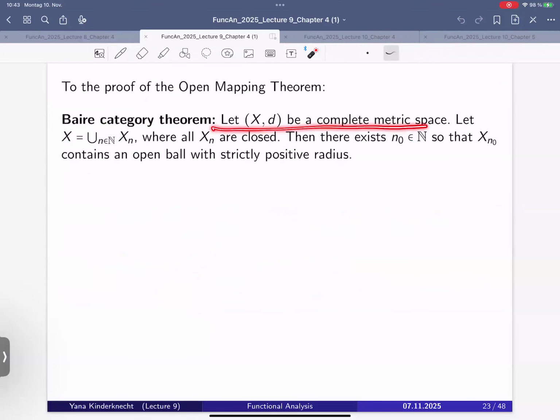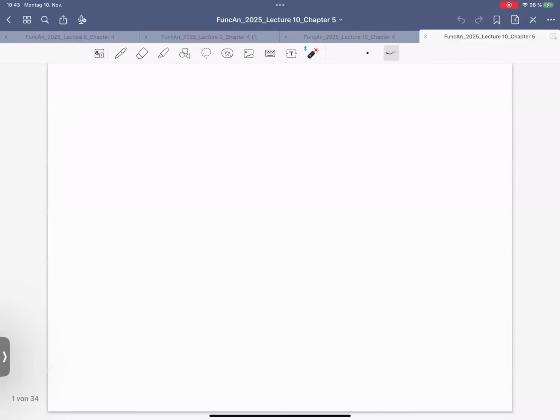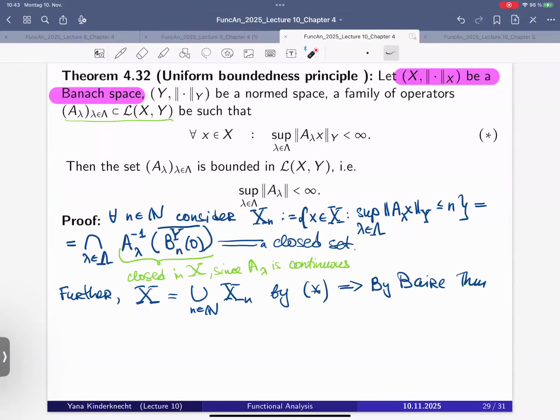If we have a complete metric space and X is a countable union of closed sets, then at least one of such sets cannot be nowhere dense. That is, at least one of the sets should contain an open ball. So again, Baire category theorem. It's an important theorem.